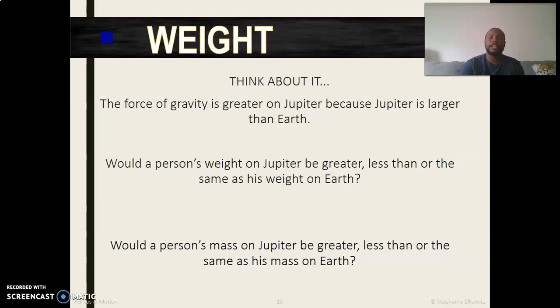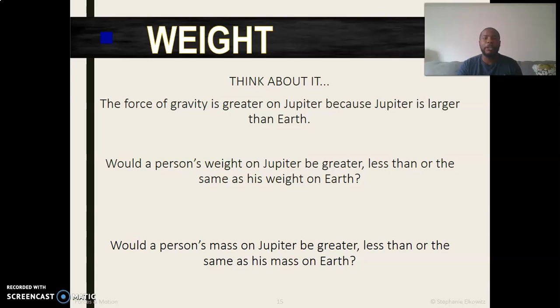What I want you guys to think about when we're thinking about planets, all right, we have Earth and we have Jupiter. Would you weigh more on Jupiter or would you weigh more on Earth? Jupiter, Earth? We should know, hopefully we do know, that Jupiter is one of the biggest planets in our solar system.